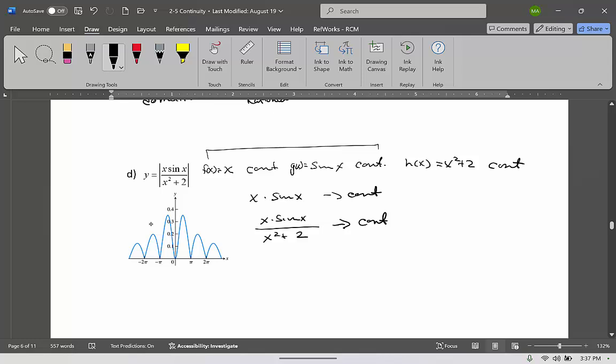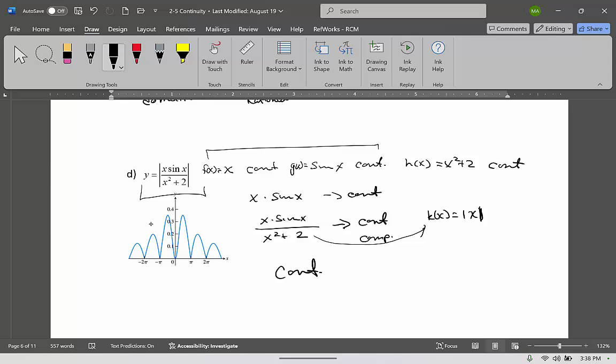And then lastly, if we take the composition of this function with the absolute value function, we get our function in question, and the composition of two continuous functions is also continuous.